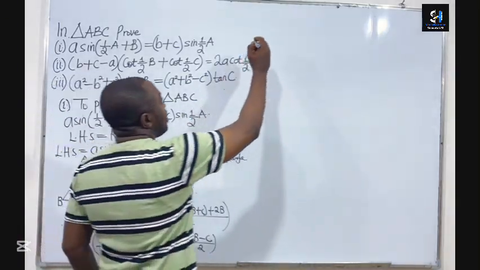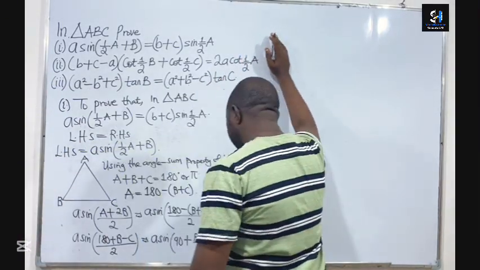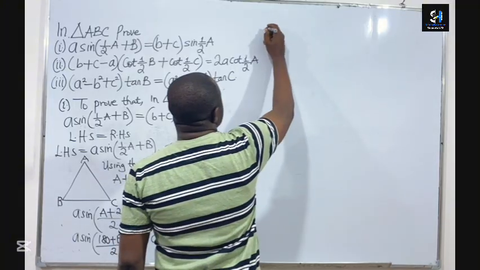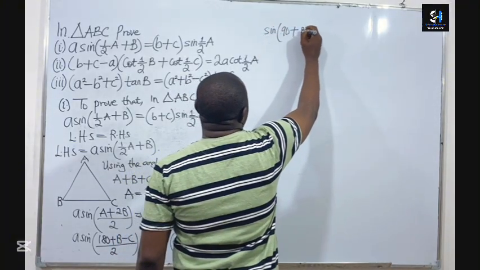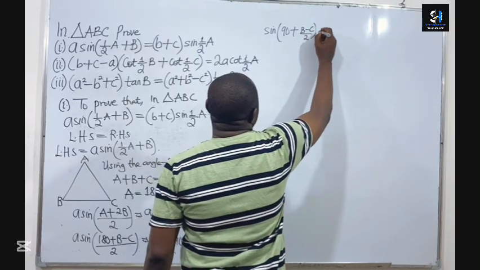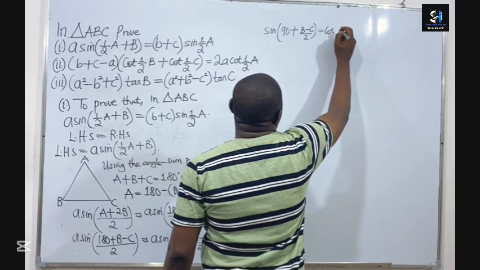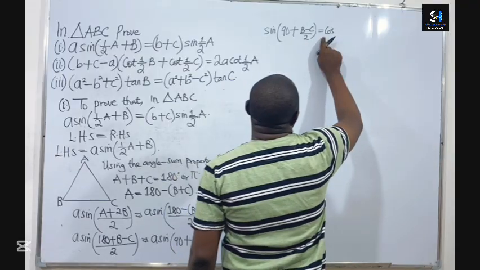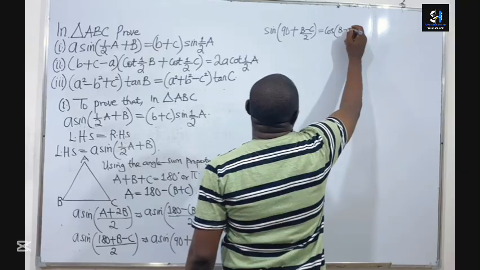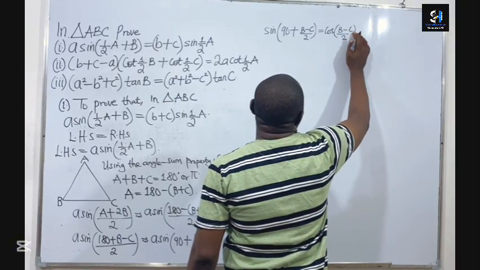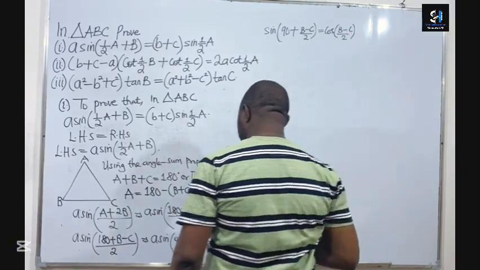Now, it should be noted that sine of (90 plus (B minus C) over 2) is equal to cos of (B minus C) over 2, because this will be in the first quadrant.